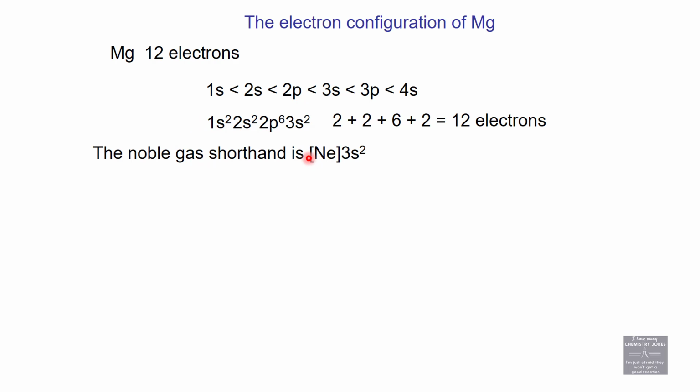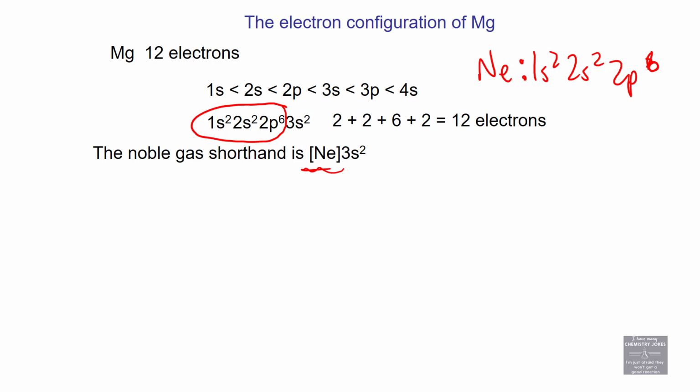So magnesium has the exact same configuration as neon. Neon has the electron configuration 1s2, 2s2, 2p6, because neon has 10 electrons total. So the neon part is identical to magnesium, and then the 3s2 is additional to magnesium.